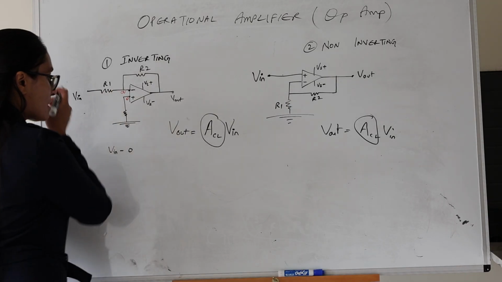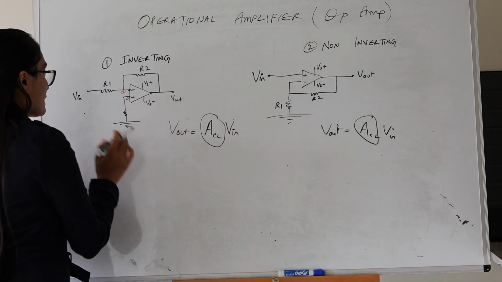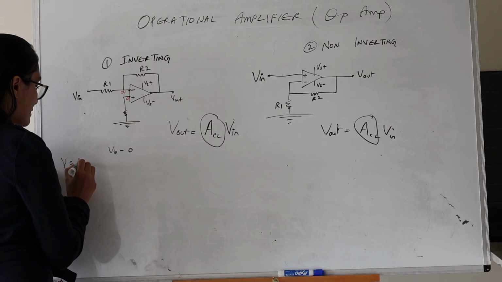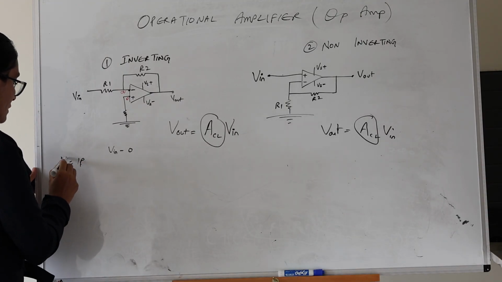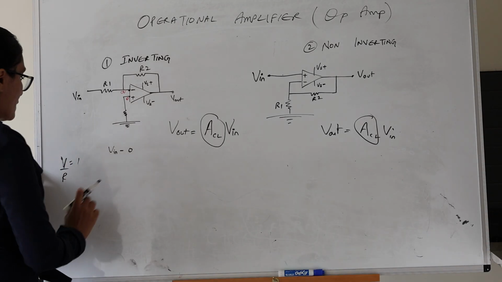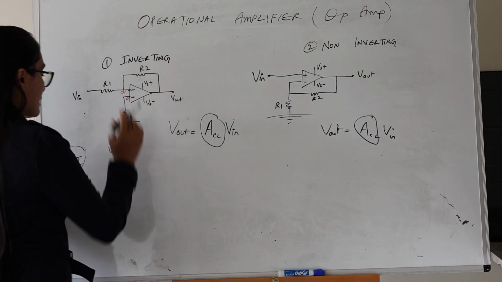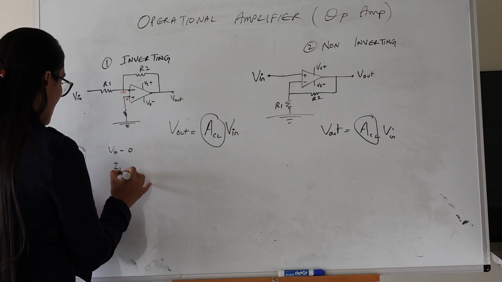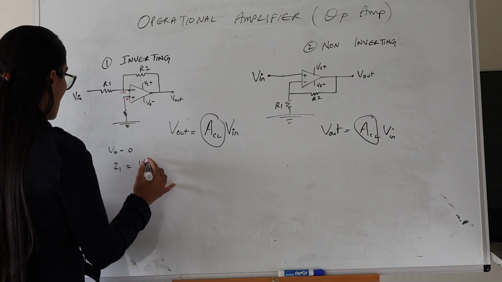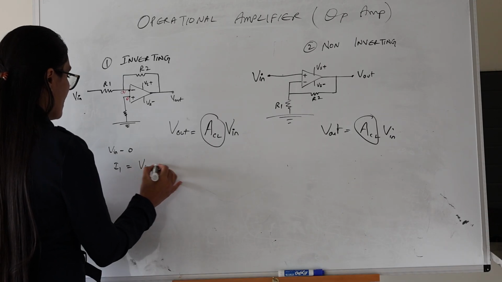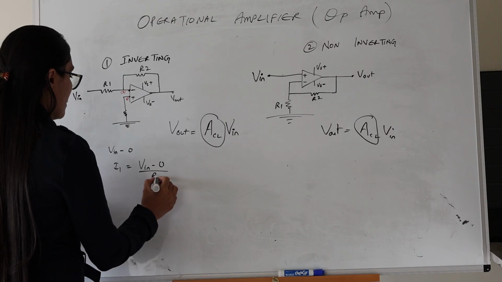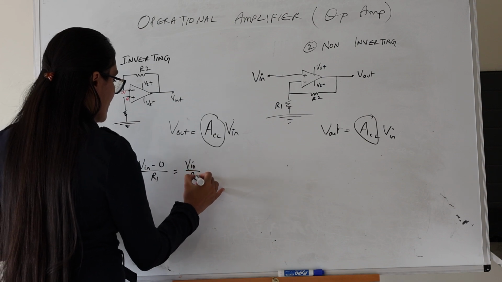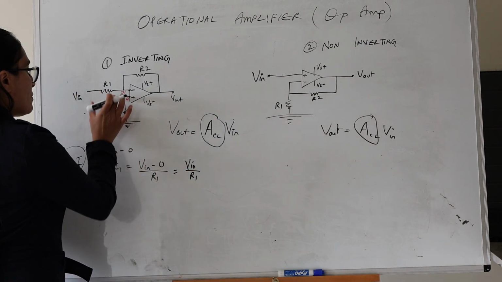Therefore, the current flowing through R1 is, from Ohm's law, V equals IR, so the current is V over R. So I1 is equal to the voltage across that resistor, which is V in minus 0 volt divided by R1, or simply V in over R1.